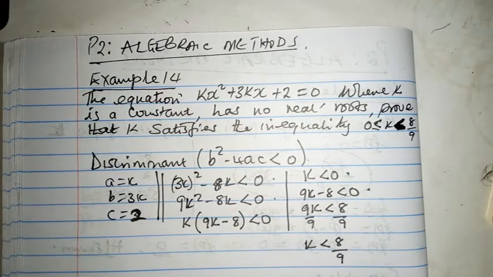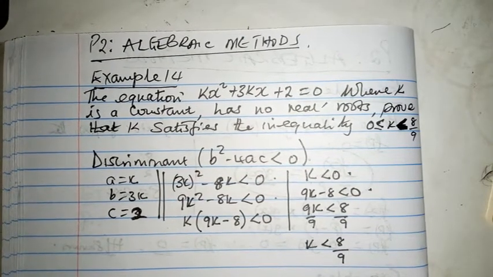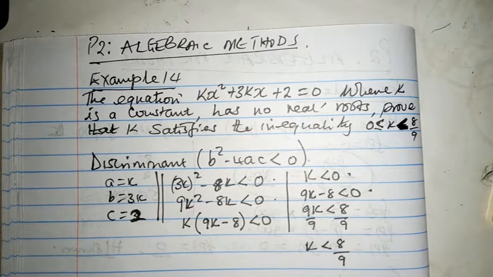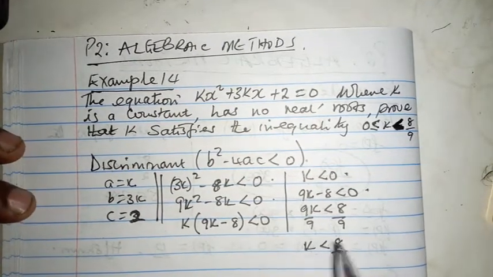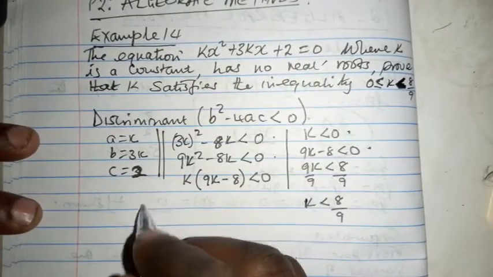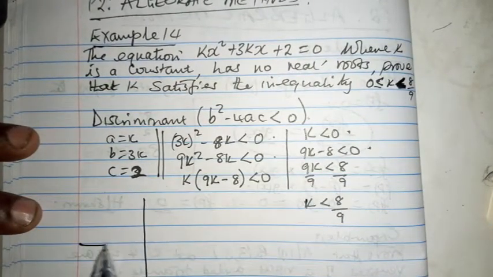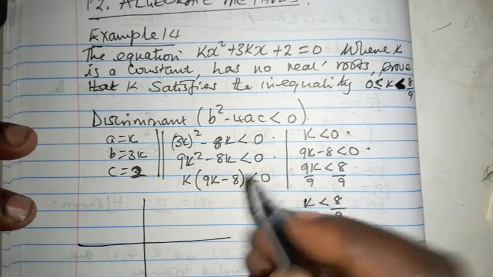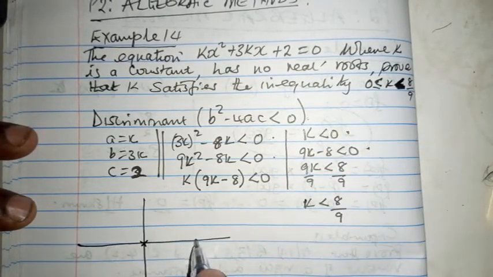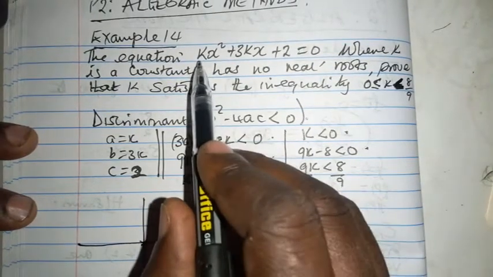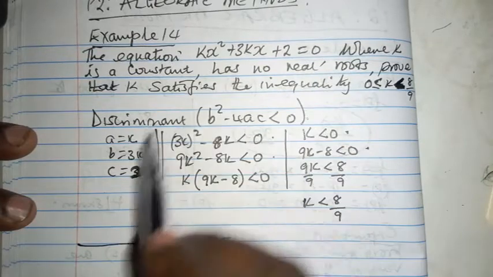The upper limit is not inclusive as per the question. And what does this mean? You can easily plot this graph using this kind of equation, and you realize that the critical values are 0 and 8 over 9. Those are the critical values if you are to plot this graph.